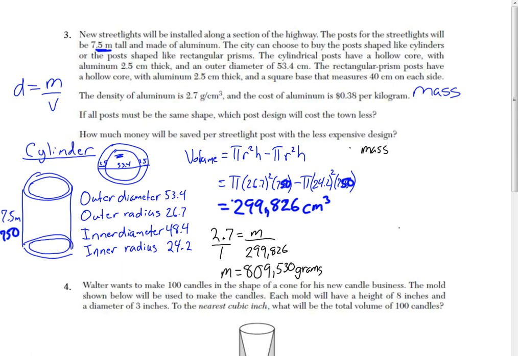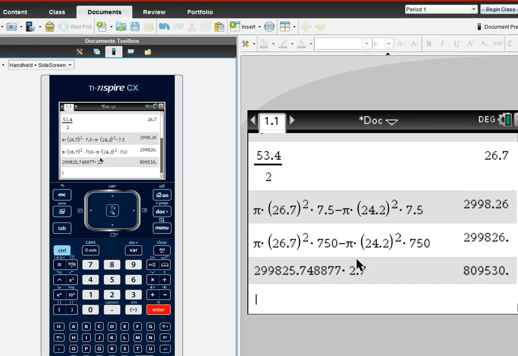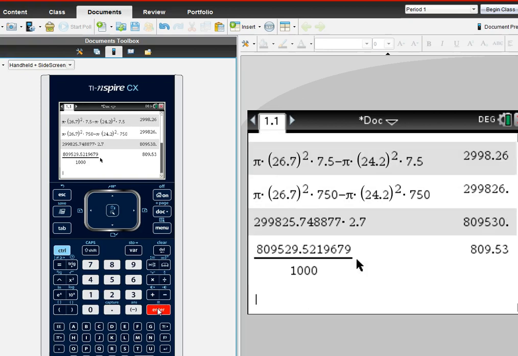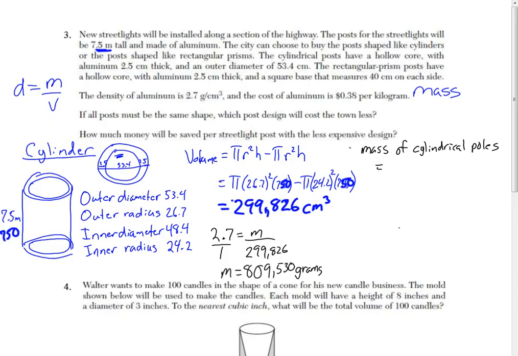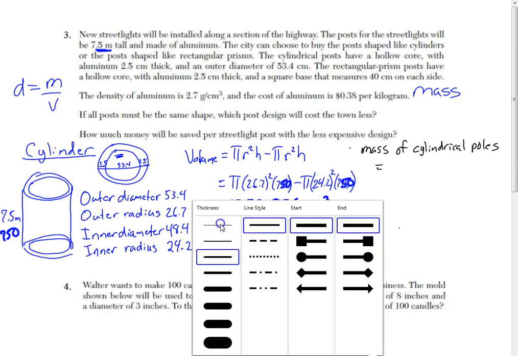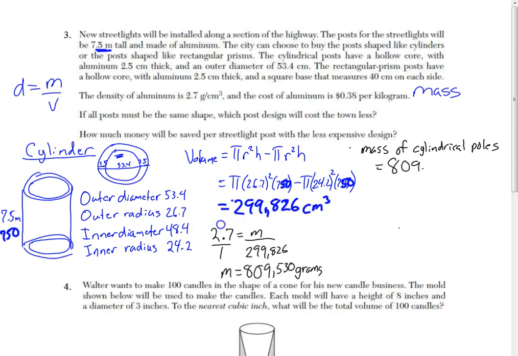So the mass of the cylindrical poles is going to equal, we divide by 1,000, which is the same as moving the decimal point 3 places to the left, so 809.53 kilograms.